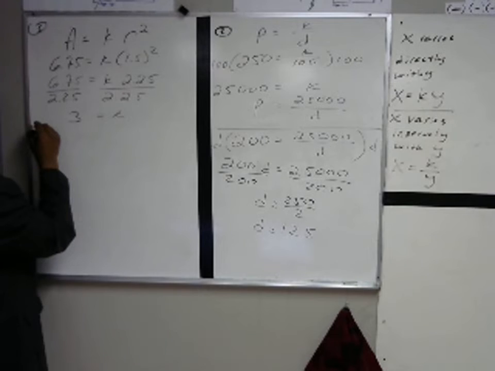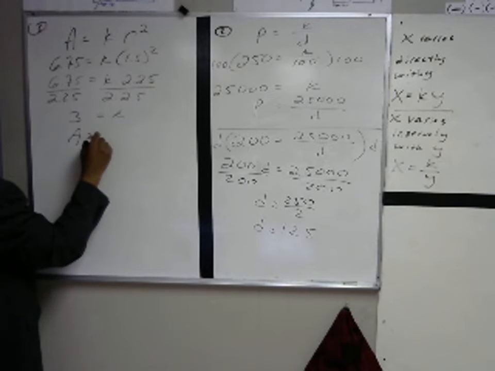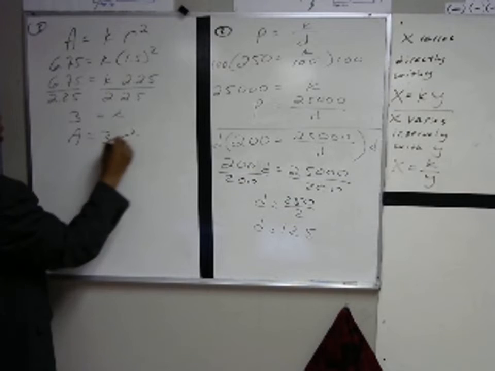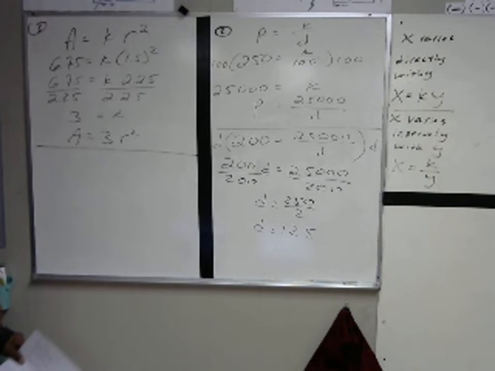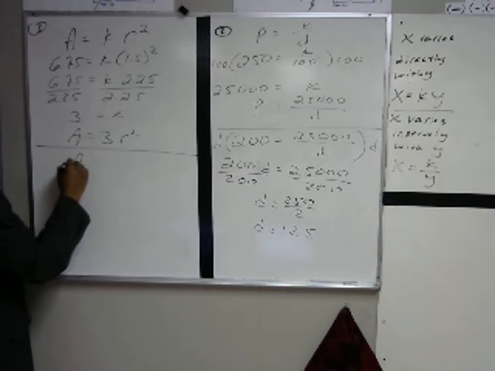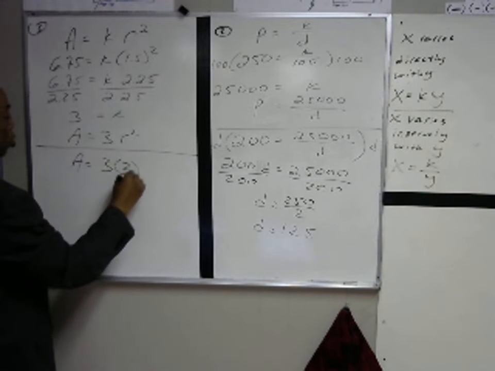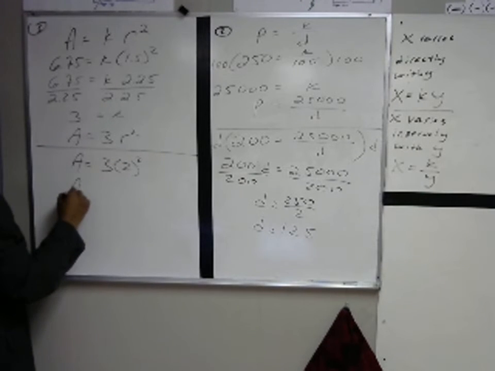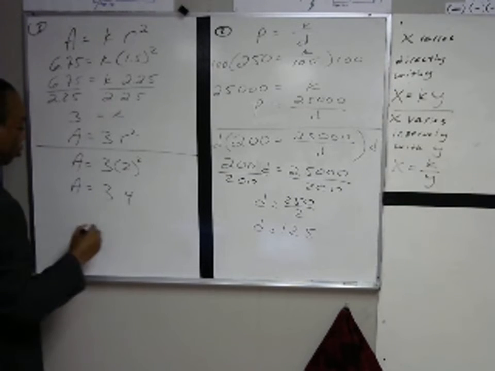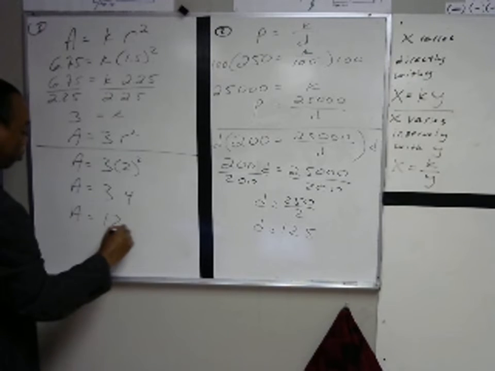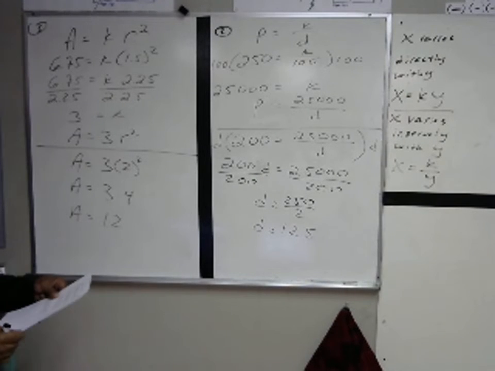So what we have here is that A is equal to 3 times the radius squared. That's our variation equation with the constant placed in. Furthermore, we're asked, what will the area be when the radius is 2 centimeters? Well, this will be 3 times 2 squared, which is 4. So that's times 4, and the area will be 12 centimeters squared.